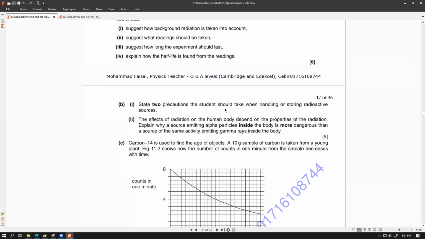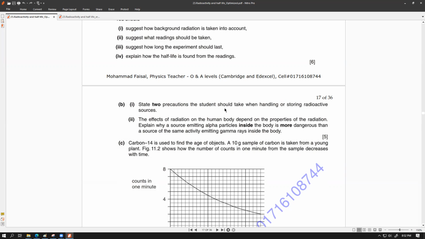I was looking for one specific point, but everything that you said is absolutely correct. None of you are wrong. Another point that I was looking for is that alpha particles have the least penetrating power. So all the ionization they make is concentrated in a very small space, giving a higher probability of tumor and cancer growth.